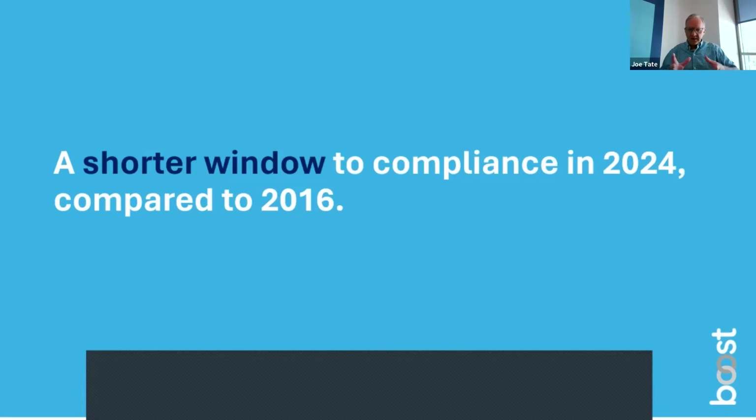Here's the challenge. I took you through that little history lesson, and what happened in 2016. As you looked at that, it was really 3.5 years before the compliance date of January 1st, 2020 kicked in. We're facing a much shorter window. Now, this was announced in April.